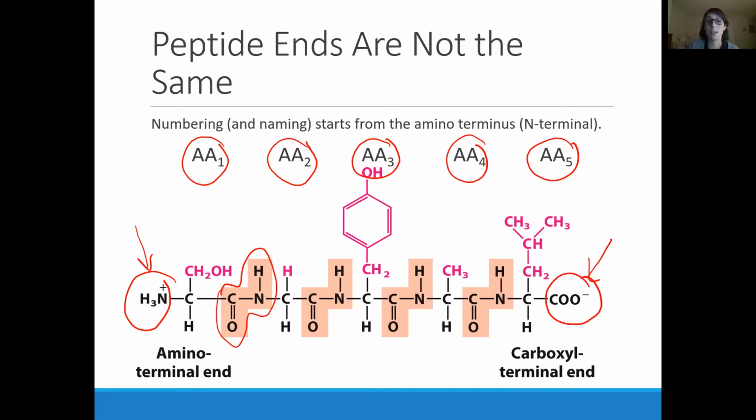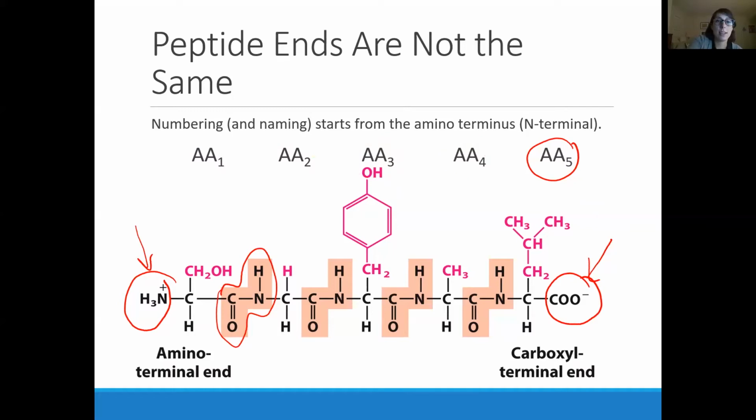Now notice here, this is a peptide of multiple amino acids that have been joined together, and I've highlighted where they are. You can see in this image in pink, the special R group that makes each amino acid is highlighted.